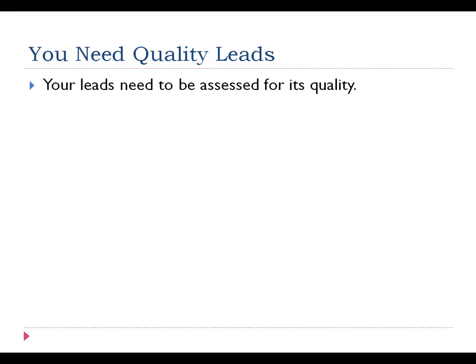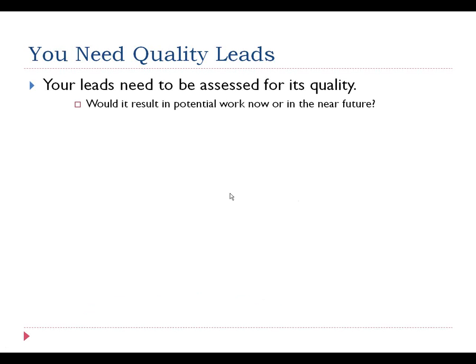So your leads need to be assessed for their quality, and that is what a lot of salespeople do. Because you're not a salesperson, you might not know this, but this is how salespeople work. They assess their leads for quality. They go through the leads that come in, and they look at the ones that qualify.